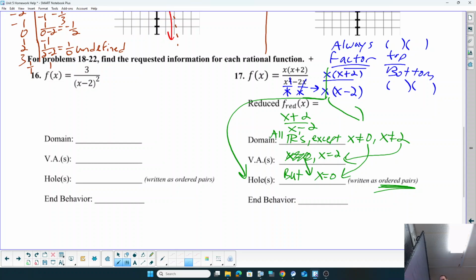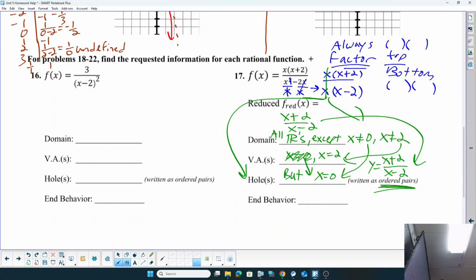Nice. Okay, well, how do you find the y value of the hole then? Where is that hole located? Well, you take x equals 0, which is the x value of the hole, and you plug it back into the reduced function. Not the original, the reduced. So y equals x plus 2 over x minus 2.